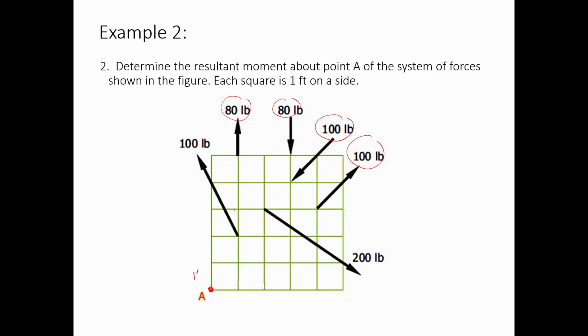So what we need to do is convert it into its corresponding horizontal and vertical components. The same goes for your 200-pound force. We're going to look for the horizontal and the vertical components of your forces. So how do we determine the horizontal and vertical components?